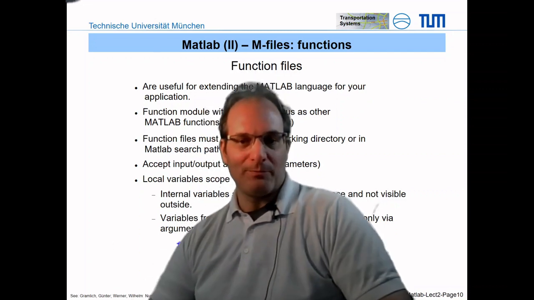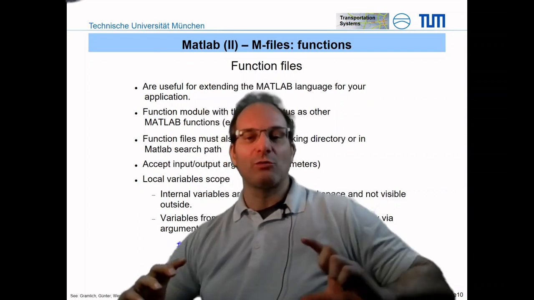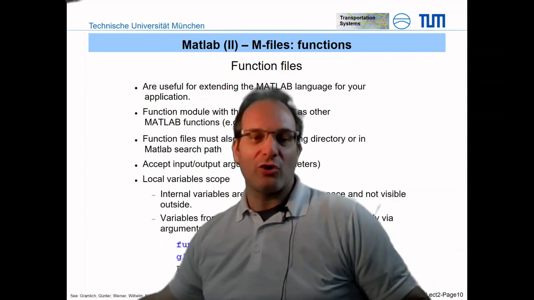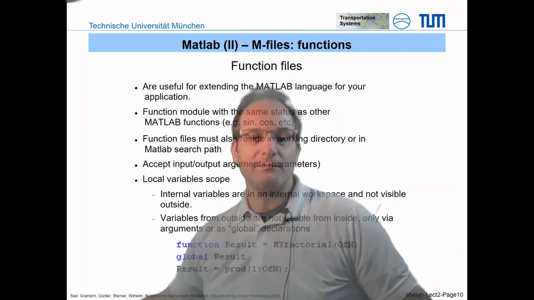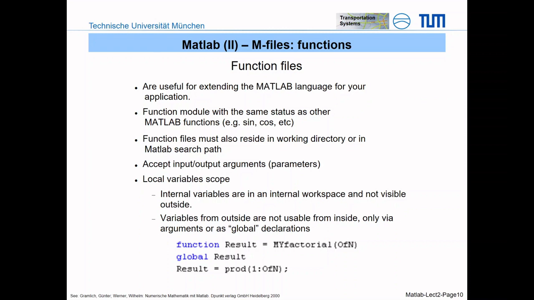So it's quite helpful. And how is a function created? You will see it here if I turn myself off. A function always starts in this file. So you have again a script file with a .m, but it now follows a special rule set. So it starts with the reserved word function. Then you name all of your return values. These return value names are the names which are used inside of the function.